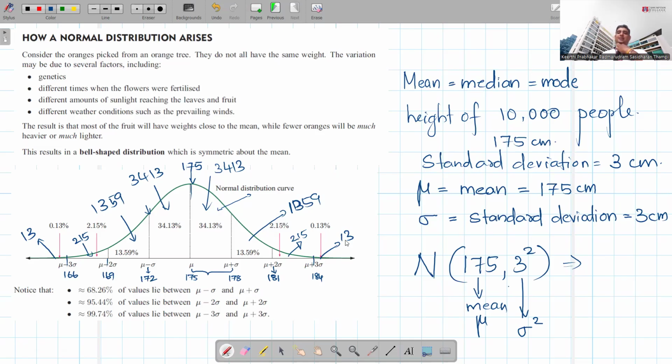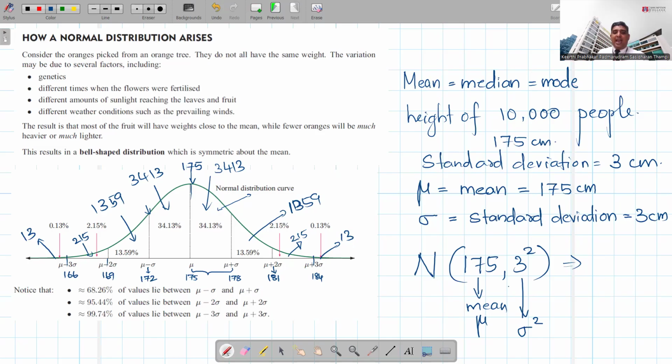Okay. So this is the meaning of the normal distribution curve or normal distribution table. You don't need to remember this table. This table will be given to you in the exam. And there will be questions asking you how to find the probability. For example, what is the probability of choosing a random person out of these 10,000 people who is above 178 centimeters?